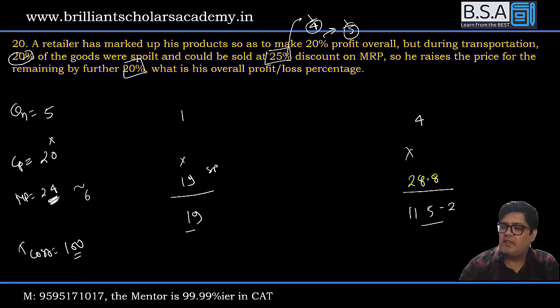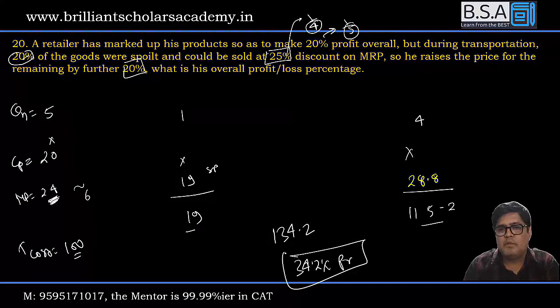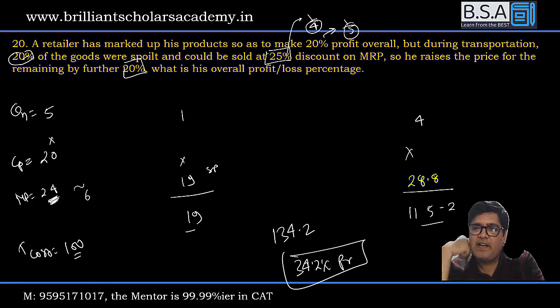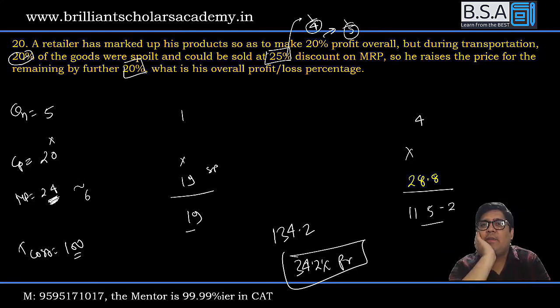What mistake did we make earlier? 34 point something percent profit is coming. What was the mistake we made in the previous one? For a 20% profit, how will the person mark up the product? He will increase the price by 20%. During transportation, 20% of the goods were spoiled and could be sold at a 25% discount on MRP. He further raises the price of the remaining by 20%.